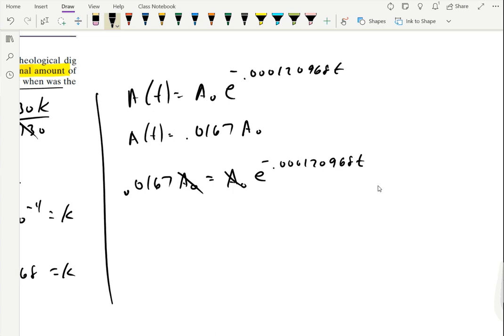So I could have gone directly to 0.0167 equals e to the negative 0.000120968 T. So one of the things that we'll see when we do our half-life and our rate of decay is we do end up with some longer decimals here. Like I've said before, the basic principle is going to match up the same way. I've got an e here. To get rid of that e, I'm going to do natural log. So natural log of both sides.